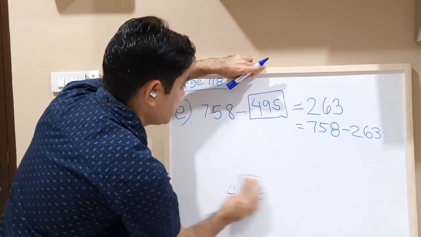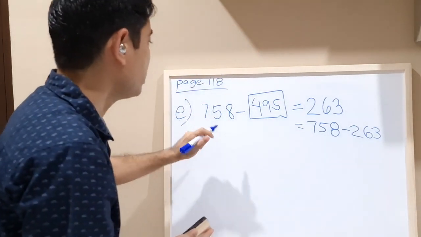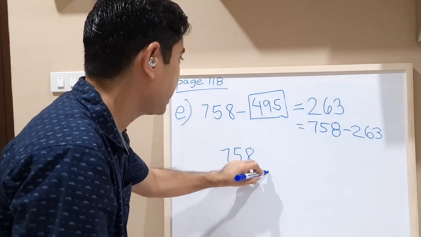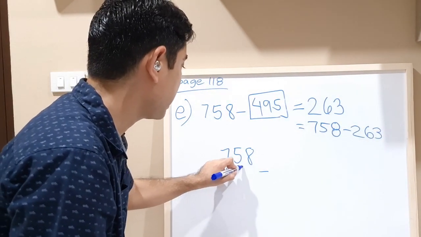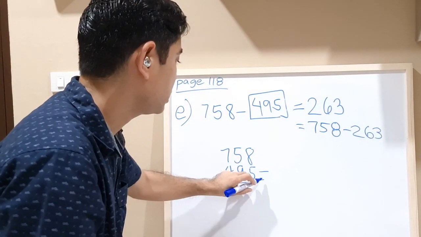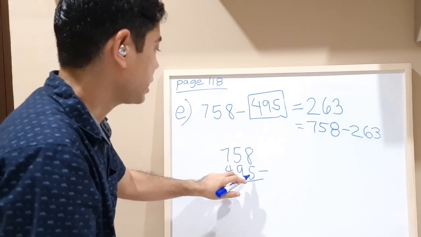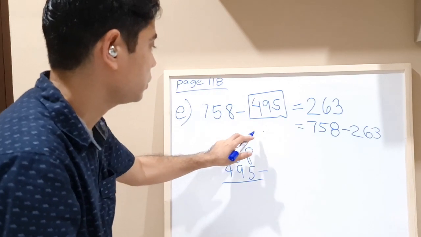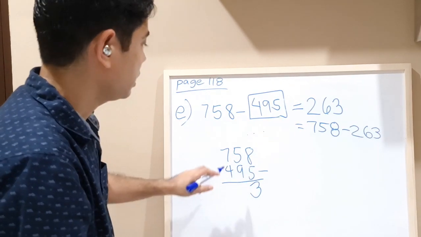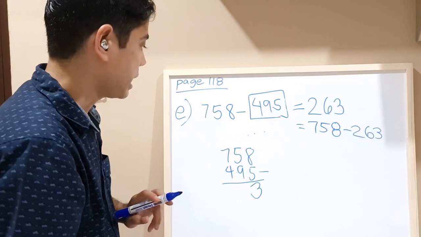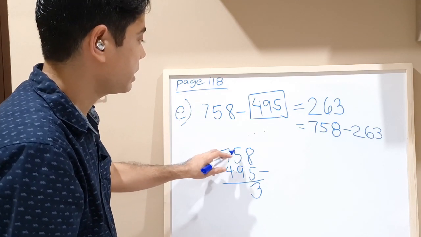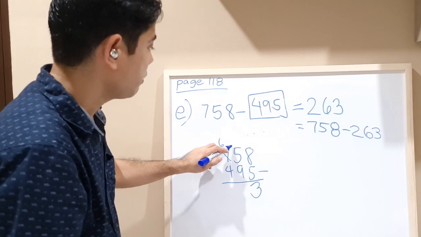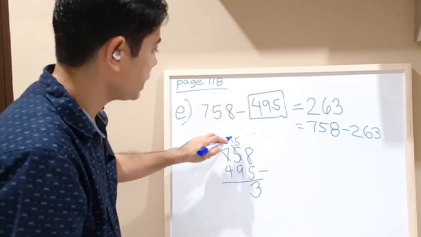263. Let us check. 758, take away 495. 8, take away 5. 5, 6, 7, 8. 1, 2, 3. 3. 5, take away 9. Cannot be. We need to make 5 bigger. So, borrow from 7. 7 will become 6. 5 will become 15.